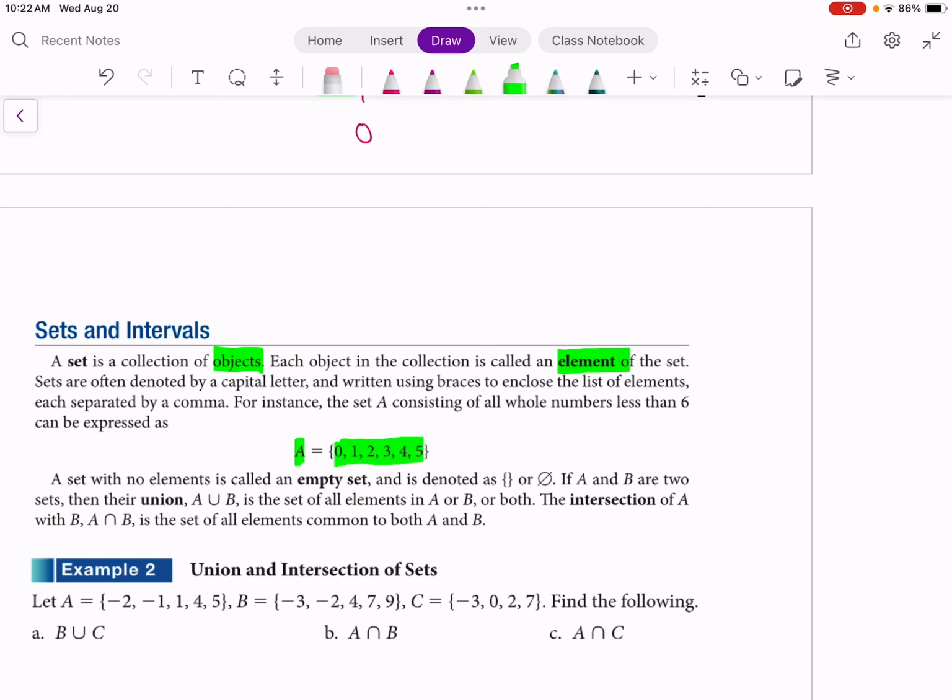We call each of these objects in this set an element. So 0 is one element, and 1, 2, 3, 4, 5, all these are elements of set A. And we always use a capital letter to denote a set.